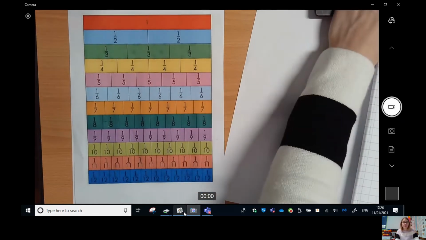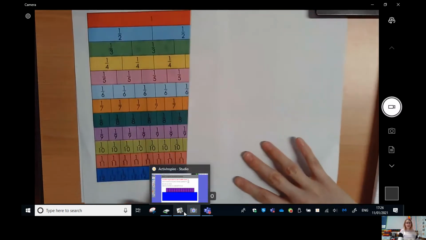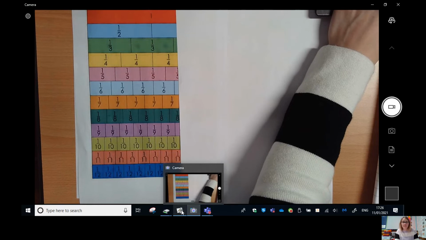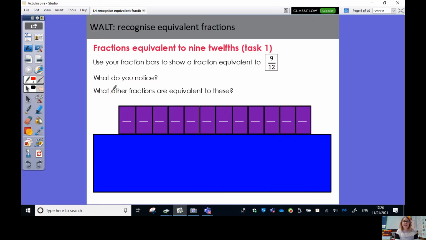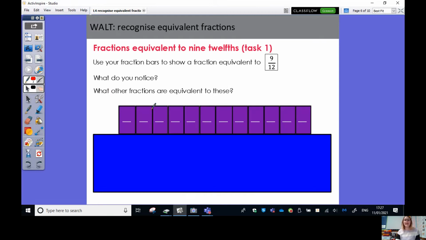So have a look at that first, lining up to your twelfths. You're going to be looking for which fractions are equivalent to 9 twelfths, and then if you can, find what other fractions are equivalent to them. So think about the pattern that we just looked at here. What is happening on the numerator and denominator? And then can you find any bigger equivalent fractions? So pause the video, have a go, come back, and then we're going to go through that together. Off you go.